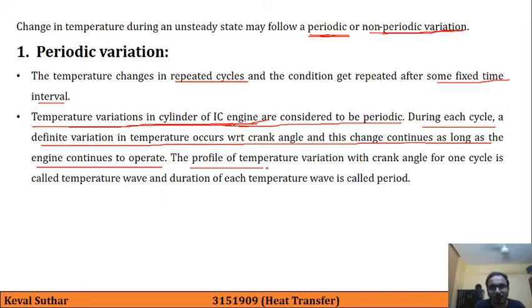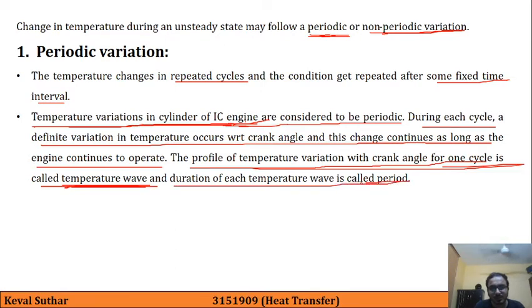The profile of temperature variation with crank angle for one cycle is called a temperature wave. So during one cycle we will see a complete variation in temperature profile, and this complete profile is called a temperature wave, and the duration of each temperature wave is called the period.